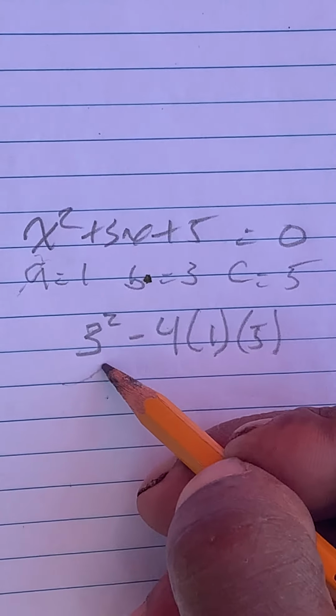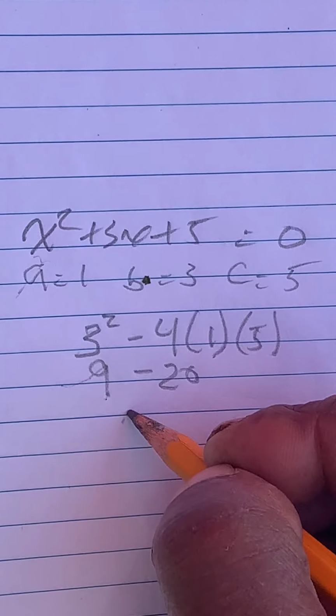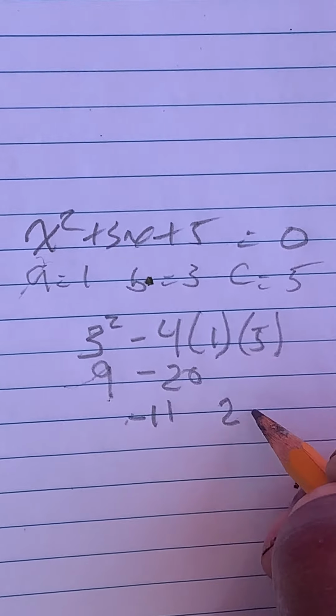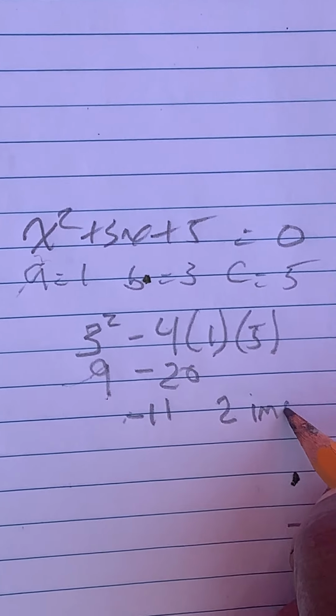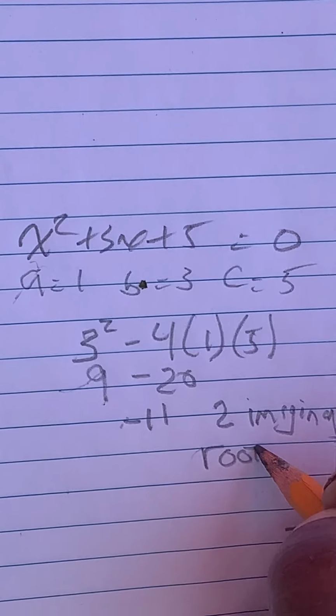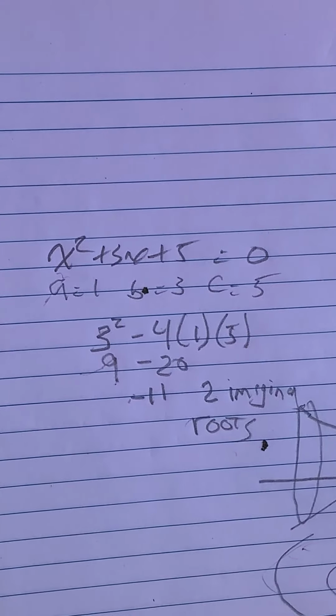And that would tell us what type of roots we have. In this case, it's a negative number, so 2 imaginary roots. Yeah, so that was that discriminant when we were talking about quadratics.